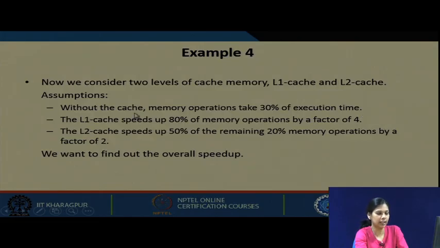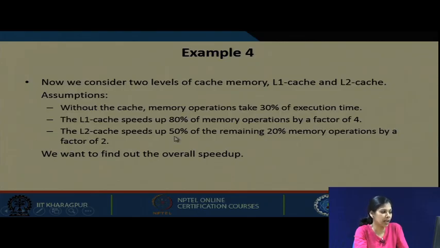When no cache memory is used, memory operation is taking 30% of the total execution time. When L1 cache is used, it speeds up 80% of the memory operation by a factor of 4.